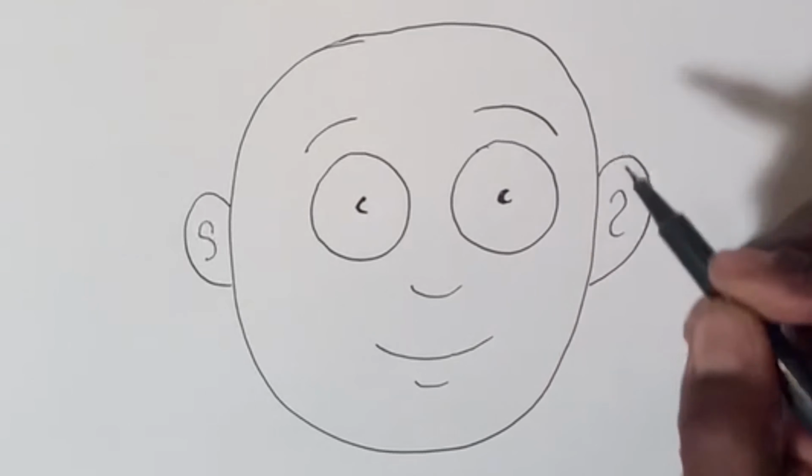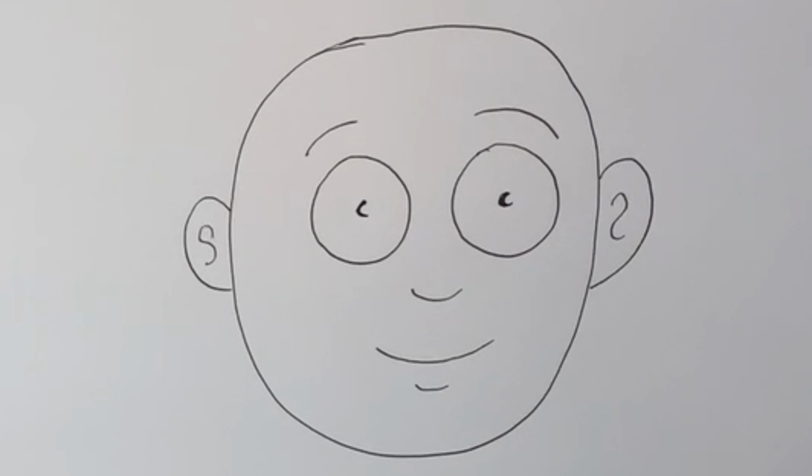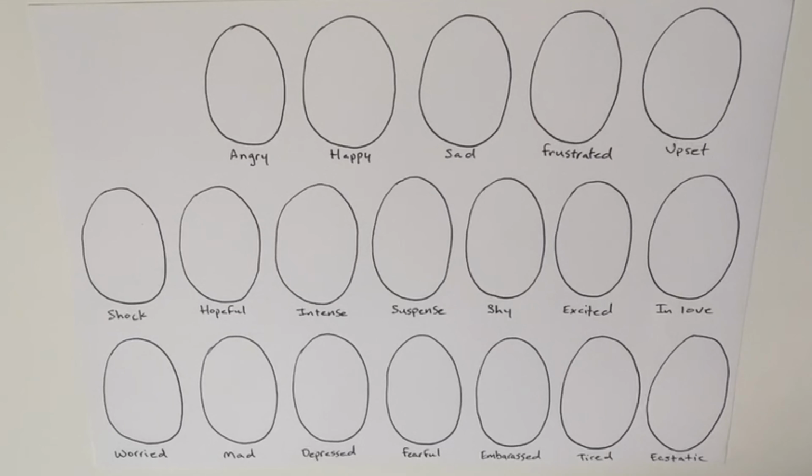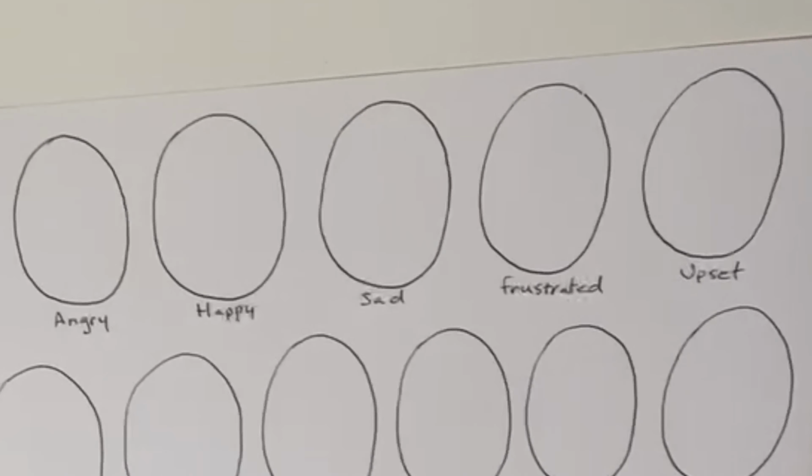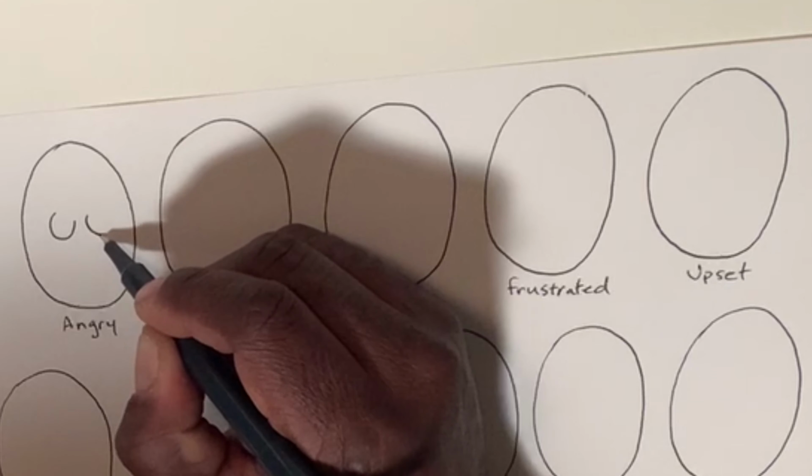Regular looking guy, right? But now we're going to move on to different expressions. How you can take this same structure, change some features, and get different expressions in the face. All right, so this is the setup I put together. And I just got 19 different emotions.